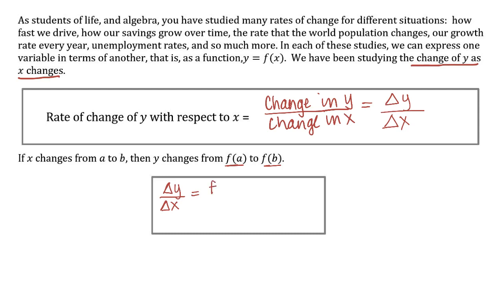We're talking about how y changes, so f at b minus f at a over b minus a. And hopefully you see that that is, again, the slope formula. So really, starting out, every time you see derivative or changing y's over changing x's, we need to be relating that to this idea of slope.